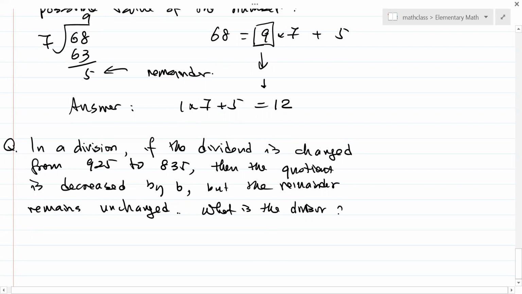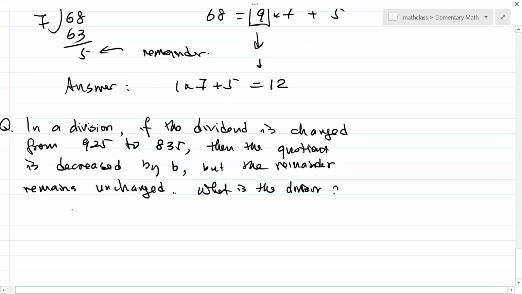It says in the problem, the dividend is changed from 925 to 835. With 925, you have a quotient, a divisor, and a remainder.